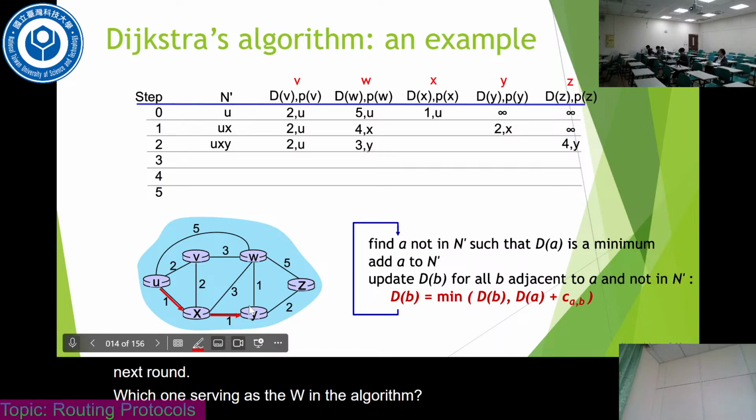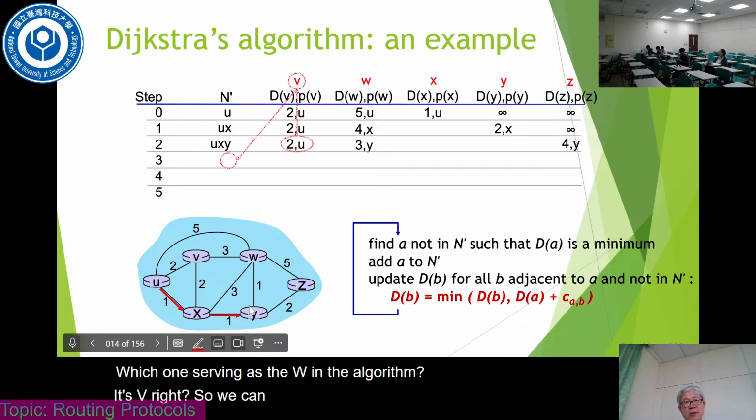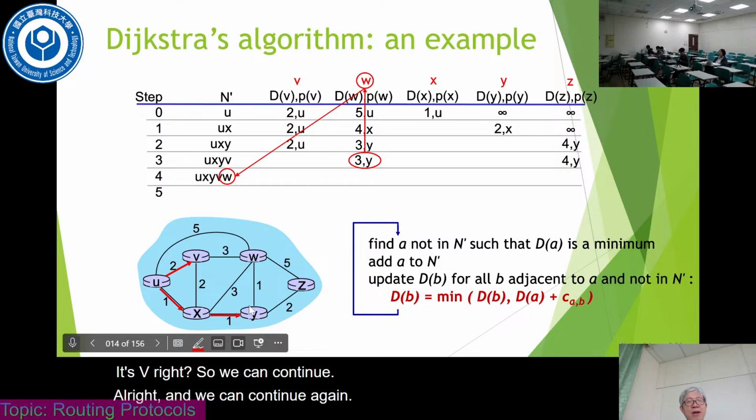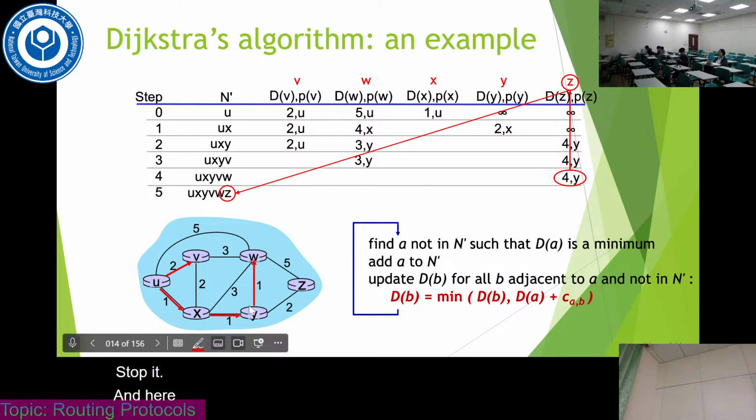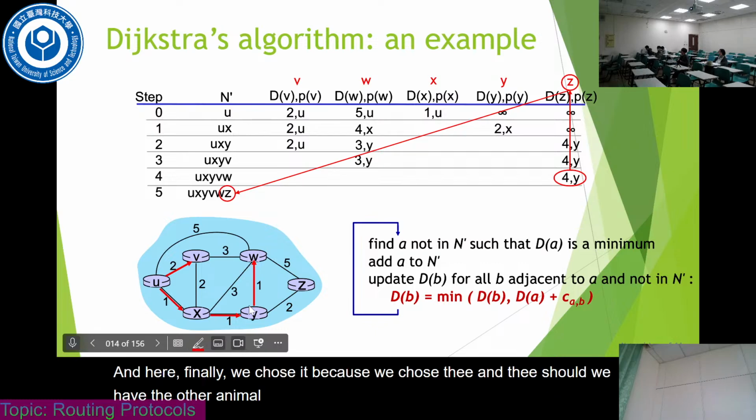So we can continue. All right, and we can continue again. W and Z, which one to choose? W. Until finally, we choose Z. Because we choose Z, should we have the update anymore? No. So, Z is included only, no update for this.